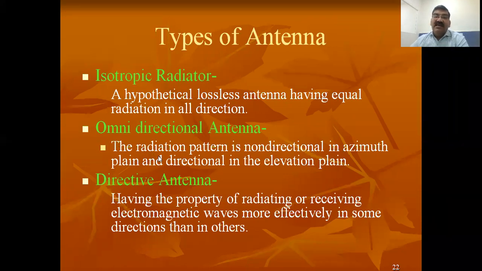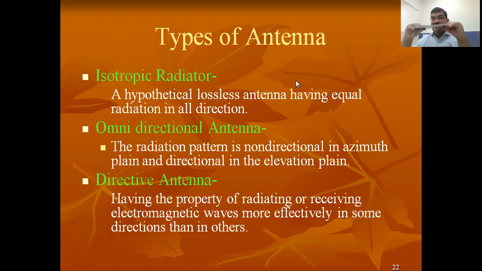Omnidirectional antenna. The radiation pattern is non-directional in the azimuth plane and directional in the elevation plane. Now, first, you just understand what the azimuth plane and the elevation plane are. Can anybody tell me? If I put this notepad this way, this is what plane, azimuth or elevation?